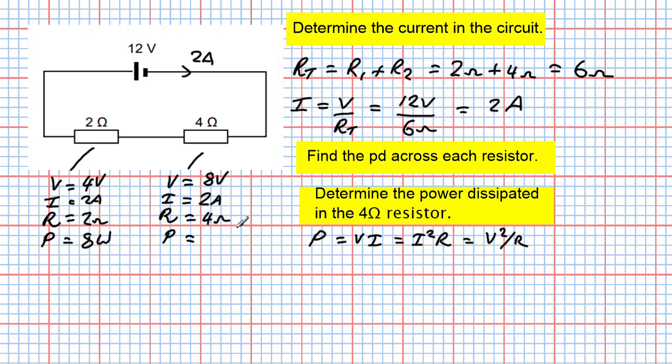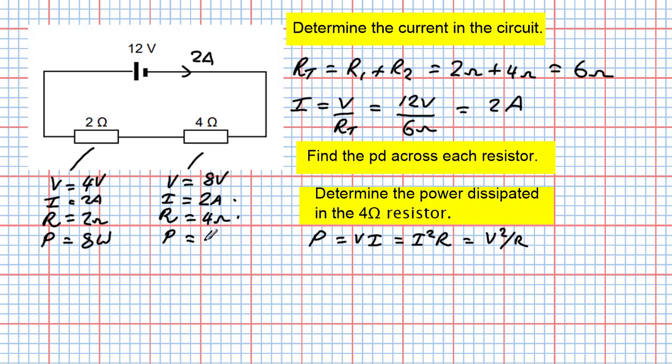In this resistor here we have the same idea: power equals VI, or we could use I squared R, or V squared over R, whichever we have enough data for. So let's try I squared R, because we have I and we have the resistance. I squared R is 2 squared, which is 4, times 4, which is 16.